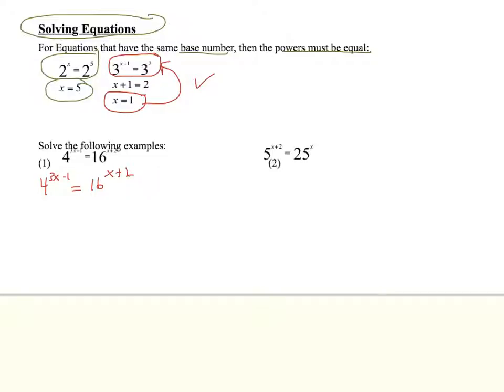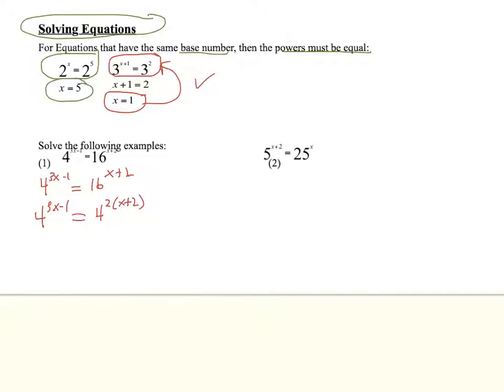We have to make an adjustment, and we have to have the same base number. So in order to get the same base number, I will leave the 4 on this side to be the same, but on this side we'll put it as 4 raised to the 2nd power, to the x plus 2.